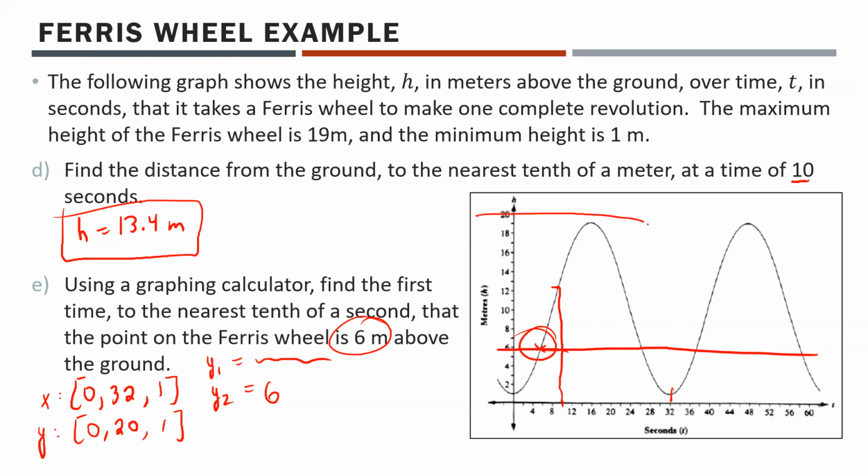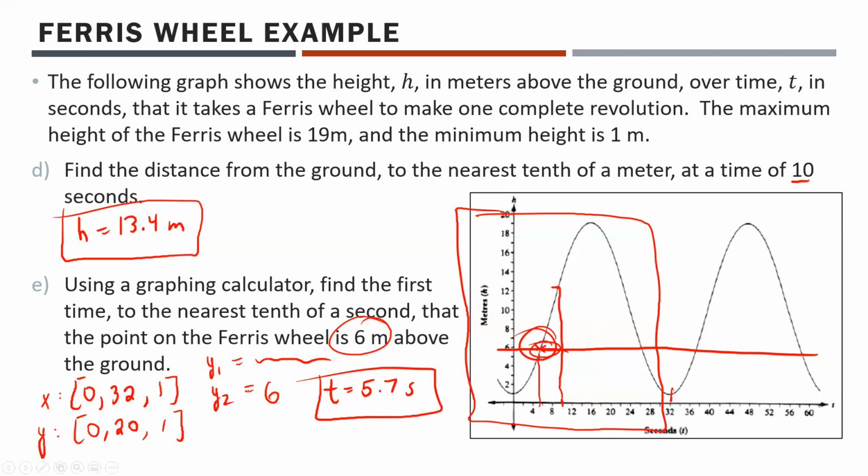In my window, I could only see this, and I was just looking for this intersection point. Long story short, what I found was t equals, to the nearest tenth, 5.7 seconds. Even visually, you can kind of see that here as well. It is what it is. Long story short, that's how we do it.